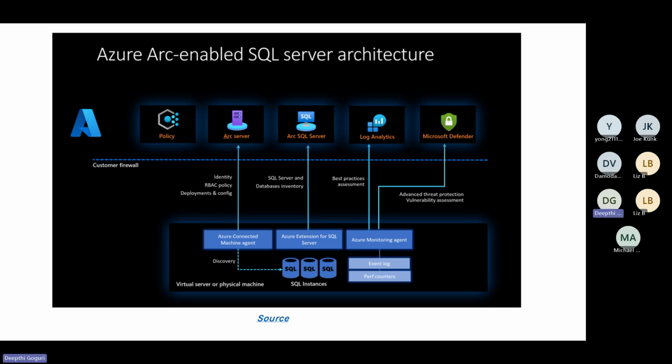The SQL servers are hosted on that Windows machine, let's say. For that, we need the Azure Connected Machine Agent. That's how the Windows machine will be Arc enabled. But then to make the SQL Server Arc enabled, you need the Azure extension for SQL Server.